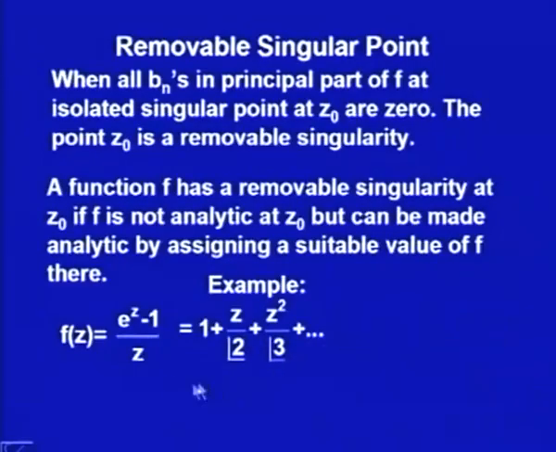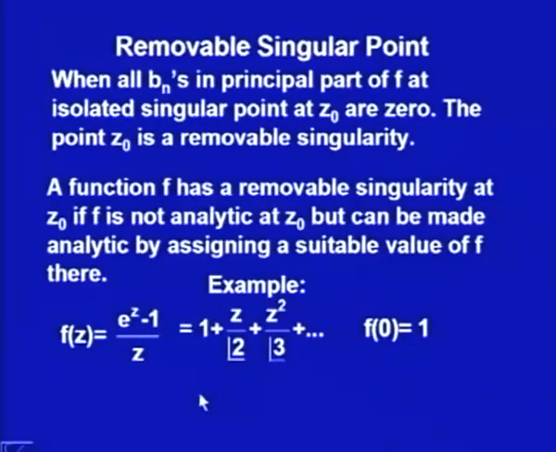So the function is not defined at 0, that is why it is singular. If I define f of 0 as 1, then you will find that the function is now analytic. You can check that this function f of z, e to the power z minus 1 upon z for all points z not equal to 0 and equal to 1 for z equal to 0, is an analytic function.